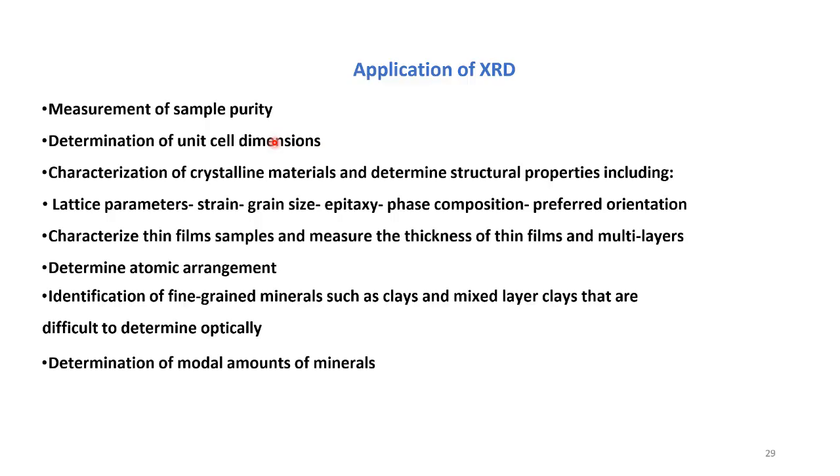Then we can characterize thin film samples and measure the thickness of thin films and multi-layers, and determine atomic arrangements in the sample, and identification of fine grained minerals such as clays and mixed layer clays that are difficult to determine optically. And then we can determine the modal amount of minerals in a sample.